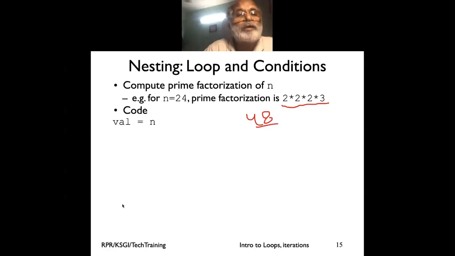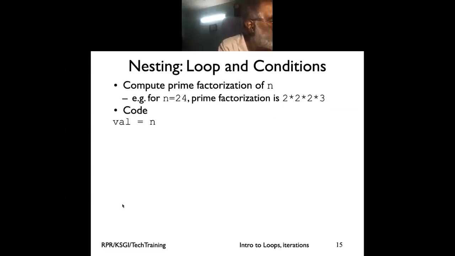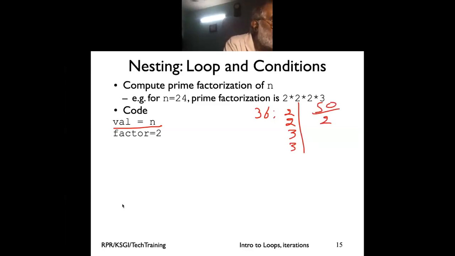So the code will look like the following. I start with the value, whatever my value is. My first factor is 2, because remember my question is to compute prime factors. If the number is 36, I want to print 2, 2, 3, 3. If the number is, let's say, 50, I want to print 2, 5, 5.